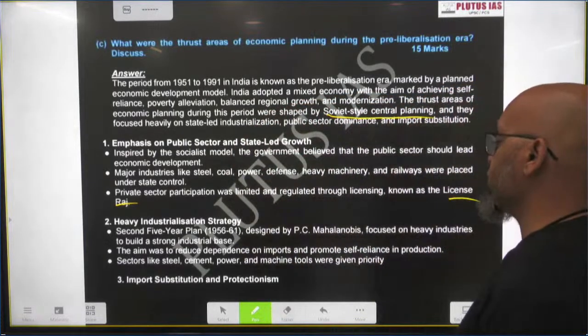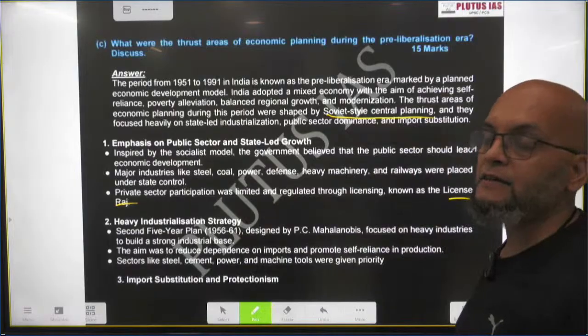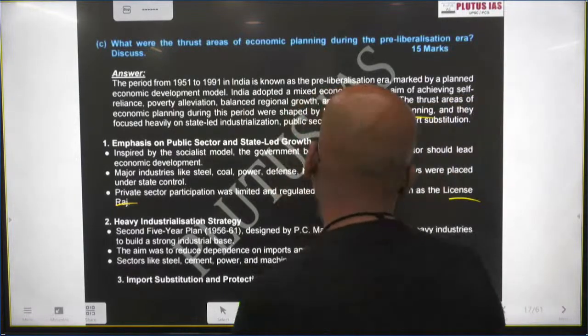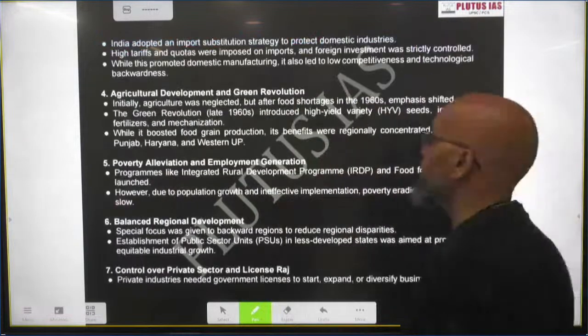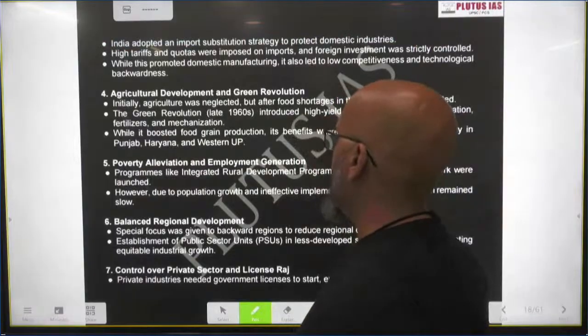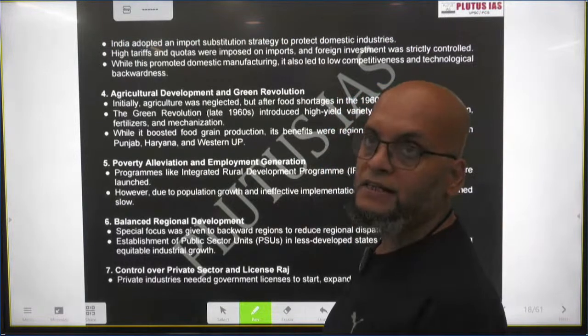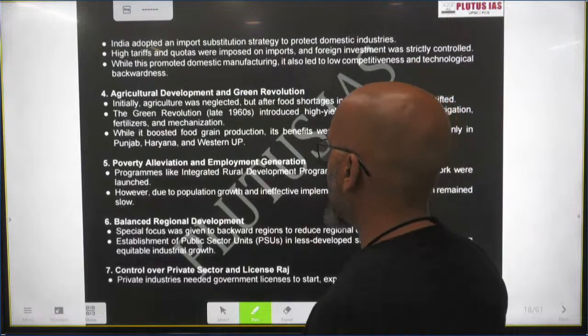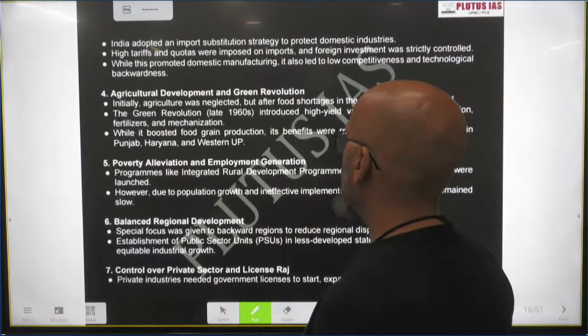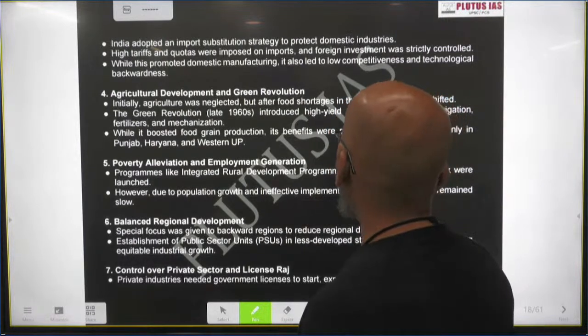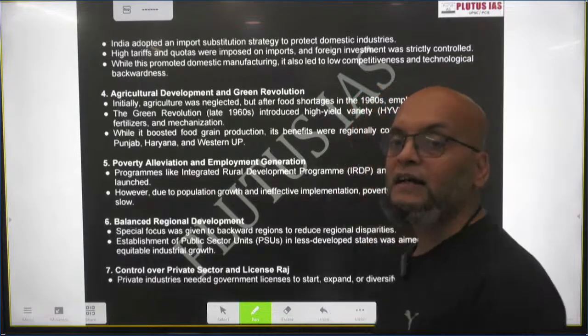Import substitution and protectionism. So protectionism policies were practiced in this phase. India adopted an import substitution strategy to protect domestic industries. High tariffs and quotas were imposed on imports, and foreign investment was strictly controlled.